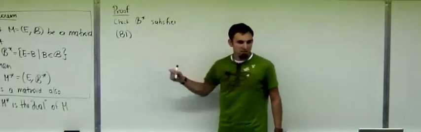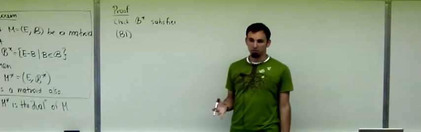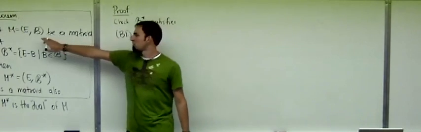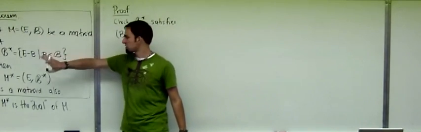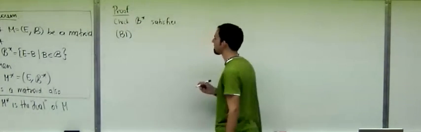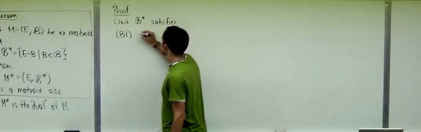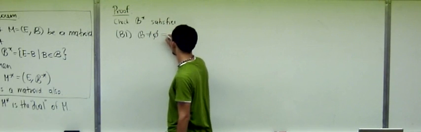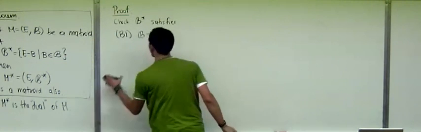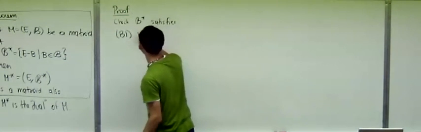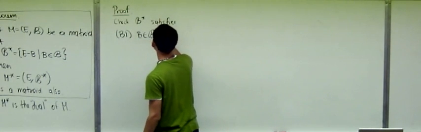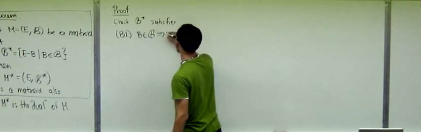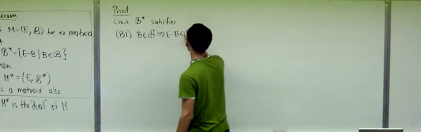The first basis axiom of a matroid says there is at least one basis. And we know that's certainly true because the matroid M has a basis, so its complement is a basis of B star. So because B is not empty, if you take a basis in B, then the complement is a basis in B star.